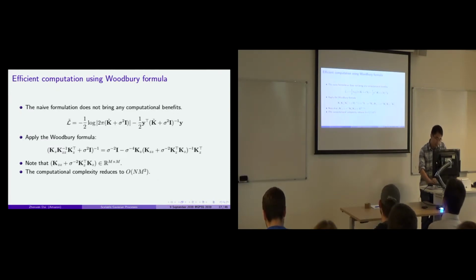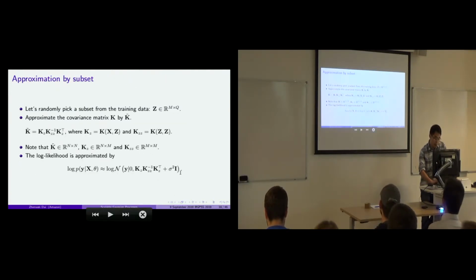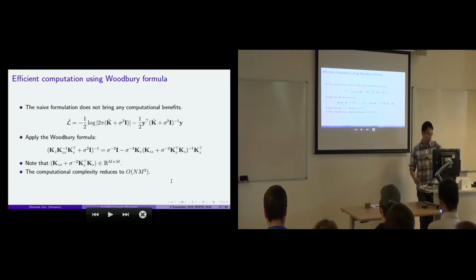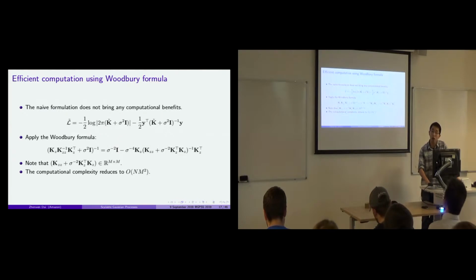One thing is that if you directly write down or expand these log likelihood terms, you would not immediately gain any computational benefit if you do it naively, because overall this covariance matrix is still N by N. So one trick people play here is called the Woodbury formula.